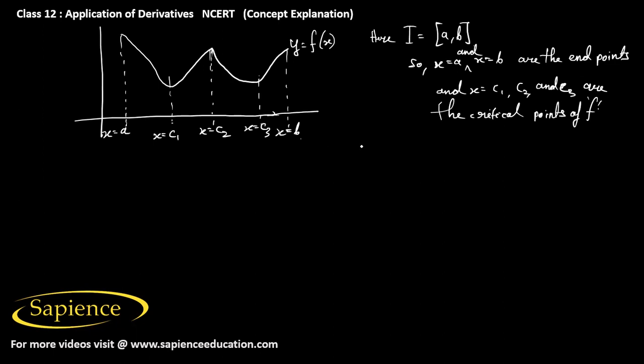Since at c2 there is a kink, at x equal to c2 the function f is not differentiable.